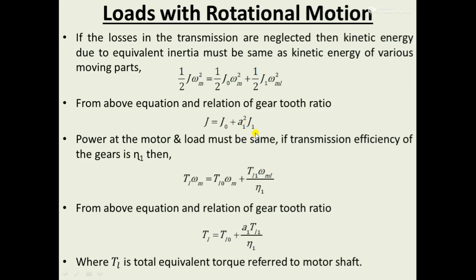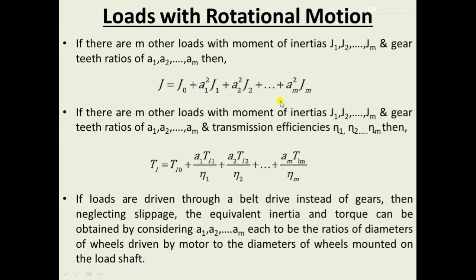Suppose there were m other loads having different moments of inertia connected through different gear trains of different gear ratios, then the standard relation for equivalent moment of inertia gets modified into this form. All of you must remember this relation, then only you will be able to solve the problems associated with this.